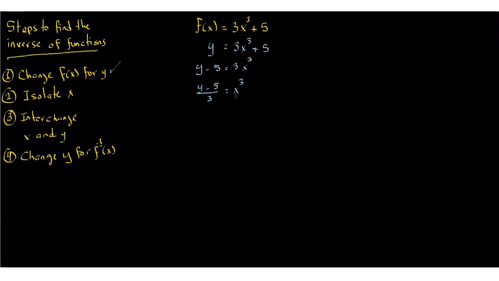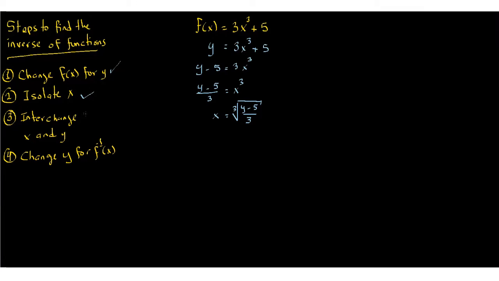Now I'm going to take the cubic root on both sides of the equation, and after that I'm getting here the cubic root of y minus 5 over 3, we close the root here, and that's the algebra basically so far.